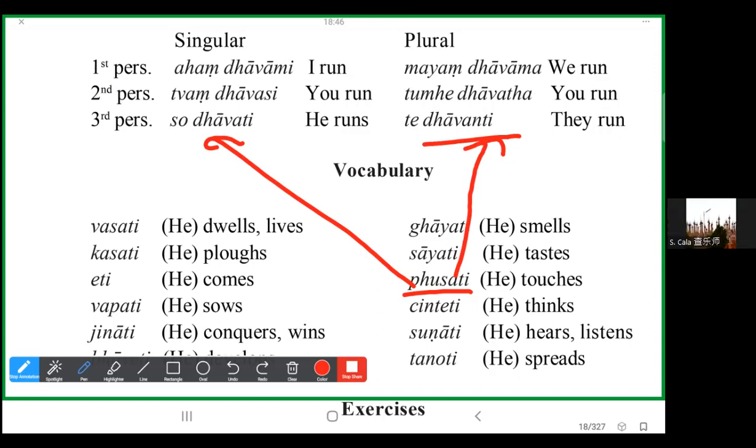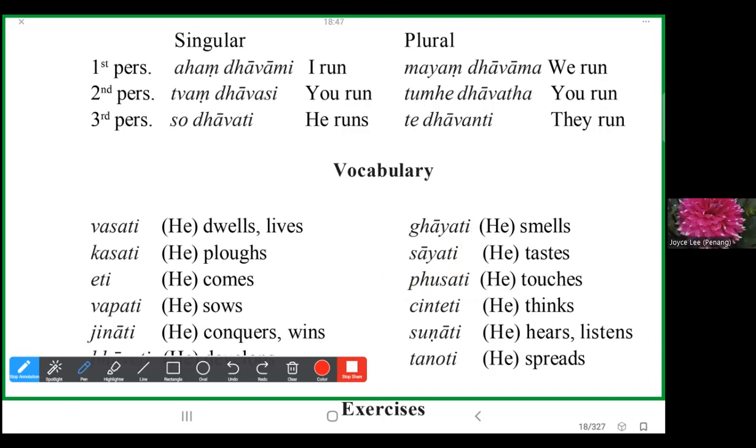Okay, let's say if I say aham pusami, what's the meaning? I touch. Okay, good. All right. So let's try this tanoti. Okay, next person. Anybody want to try?